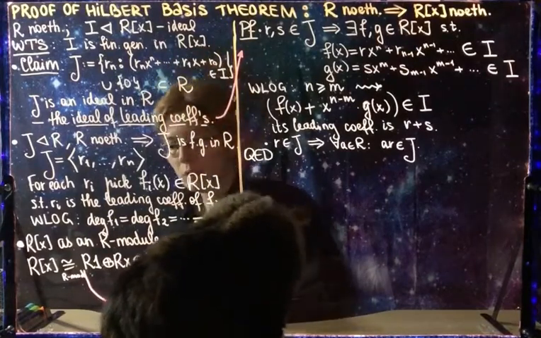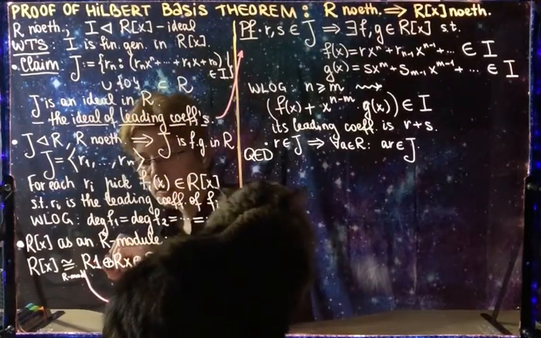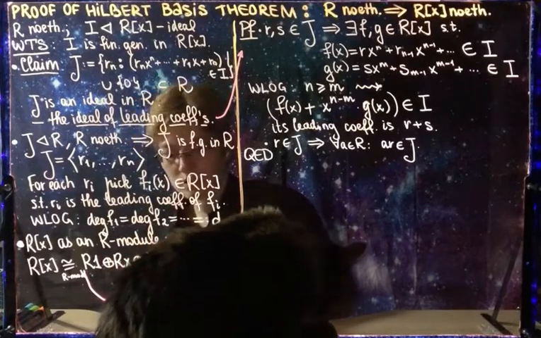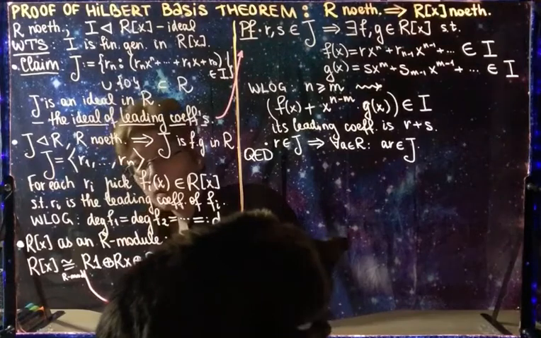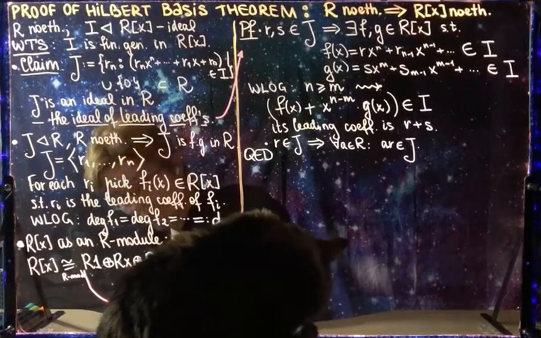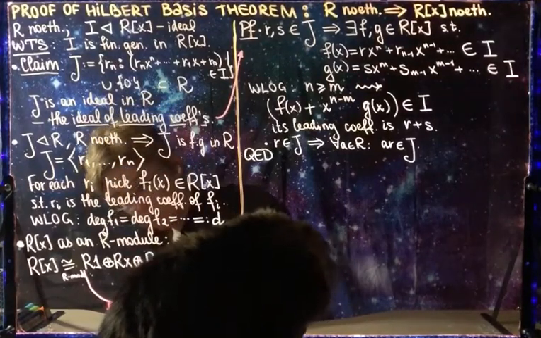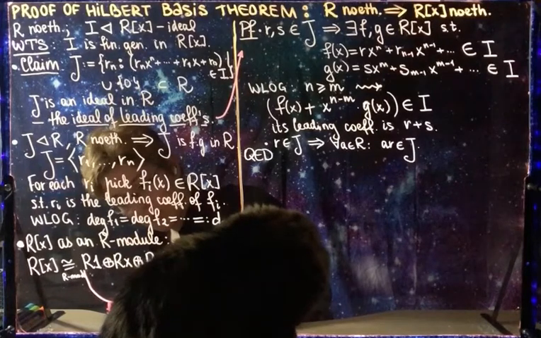So note that this part, R1 plus etc. through Rx to the d minus 1, is a finitely generated R module.